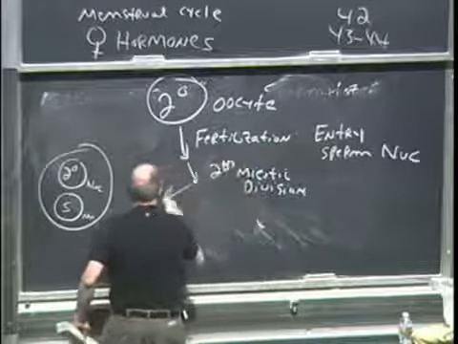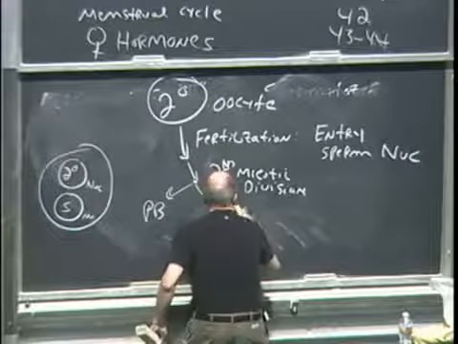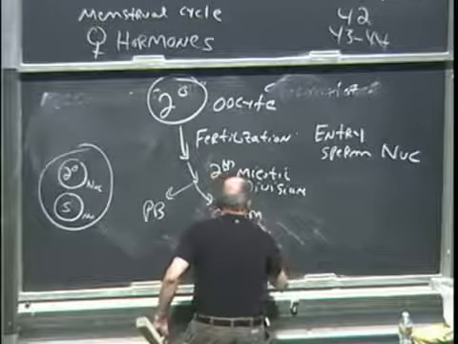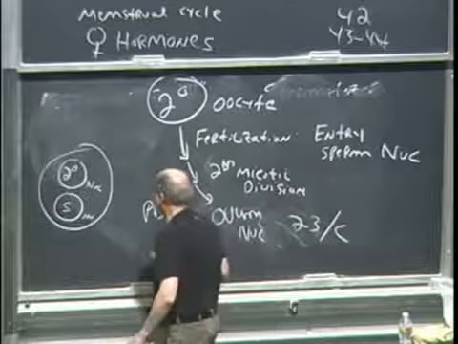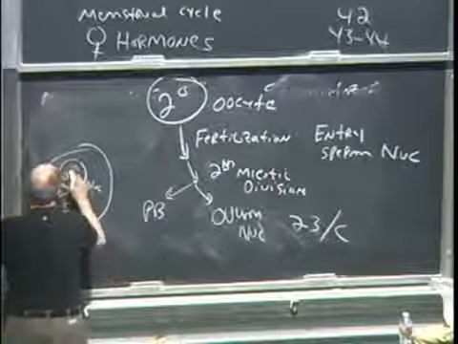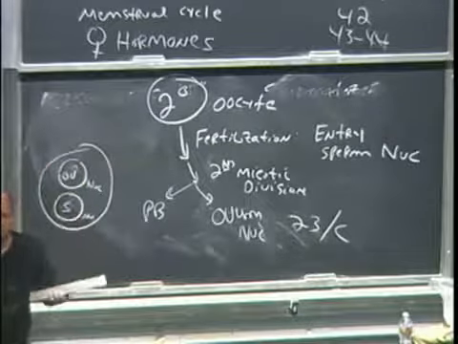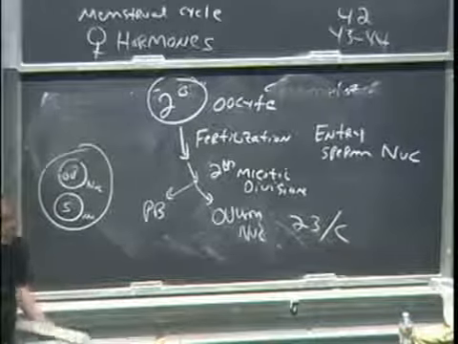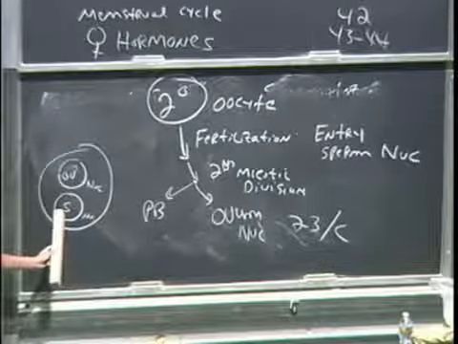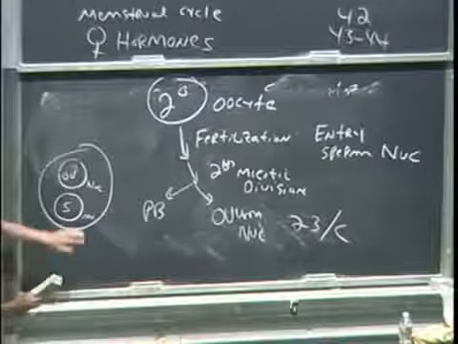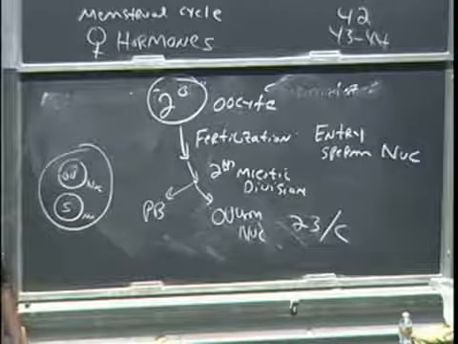And what you get is another polar body and the ovum nucleus, which is 23 chromosomes and 1C DNA. So this turns into the ovum nucleus. At no time do you have an ovum cell that's only the nucleus. What you have is a cell that has two haploid nuclei. You never get it with just the ovum nucleus. It has to have the spermatozoa nucleus in there.